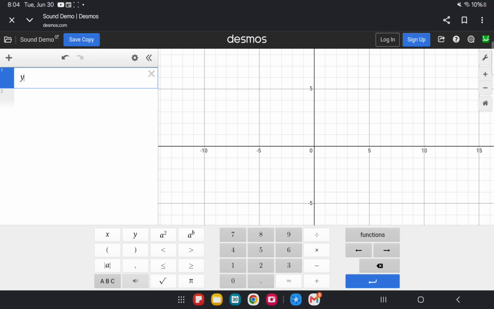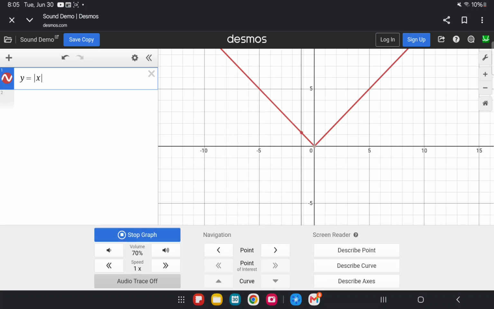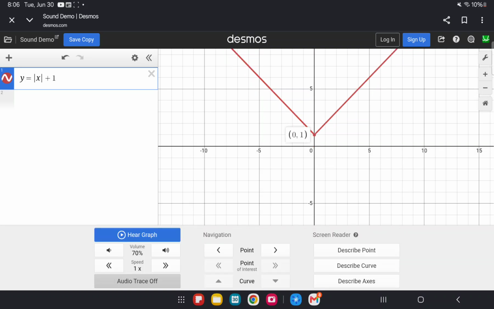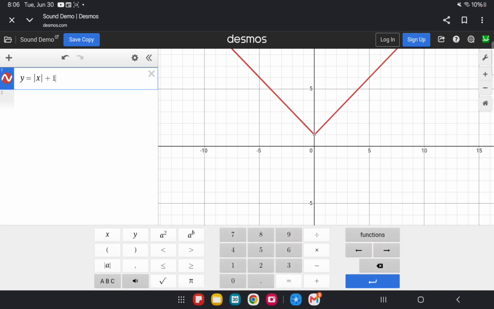Now let's graph the function y is equal to the absolute value of x. Now let's add 1 to it. That's a little high-pitched. We're using the broken bar function.